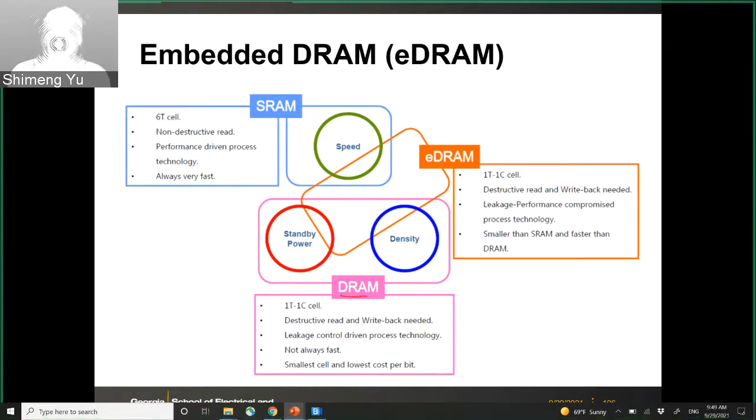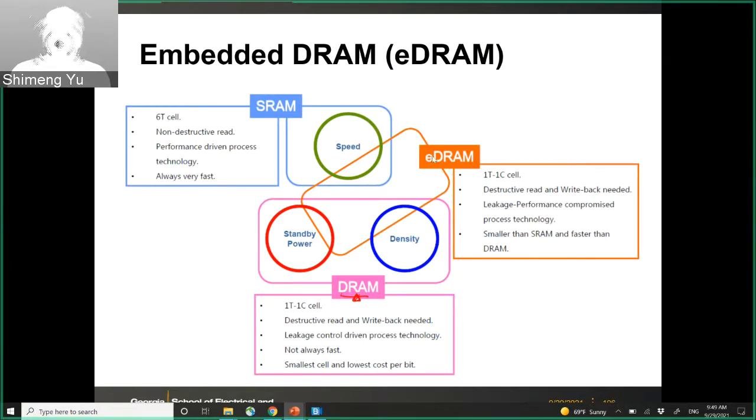If we didn't specify anything, by default it means standalone DRAM. That means it's off the chip. So you can have those DDR or GDDR or HBM. Those are all off the processor's chip, on a separate die from the processor.